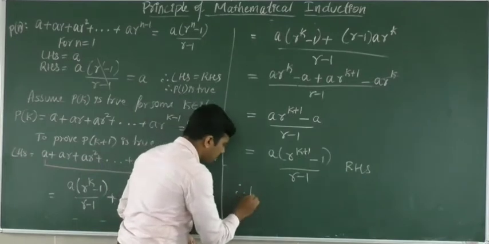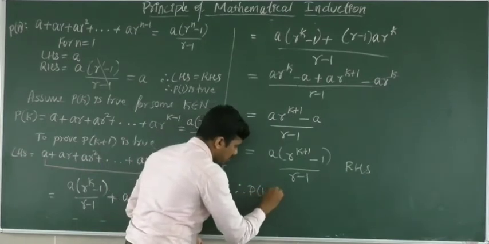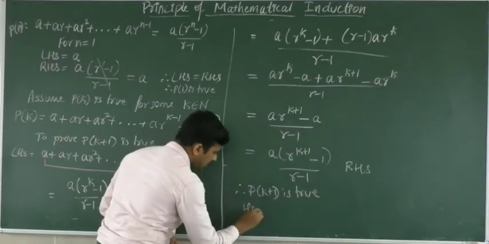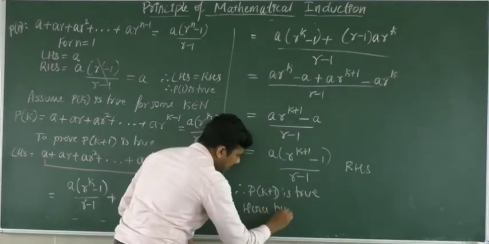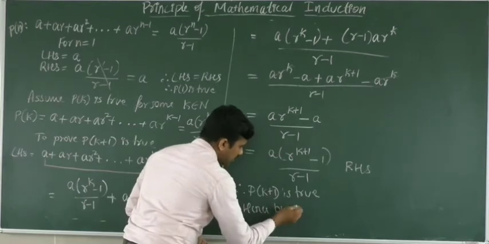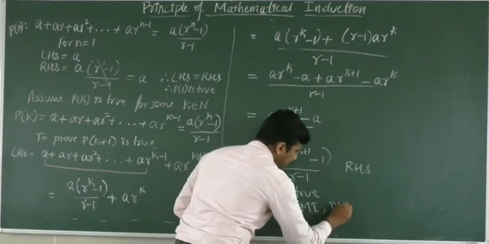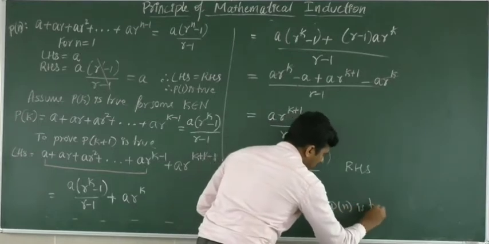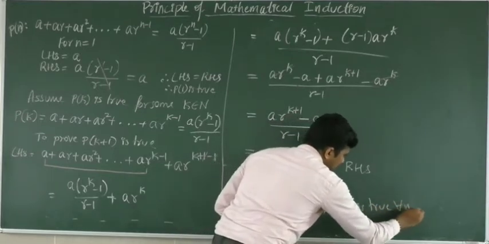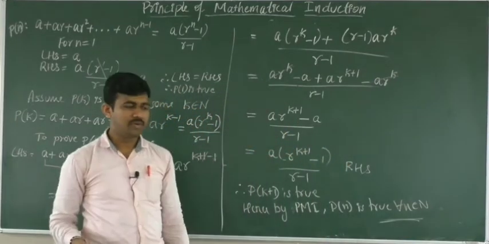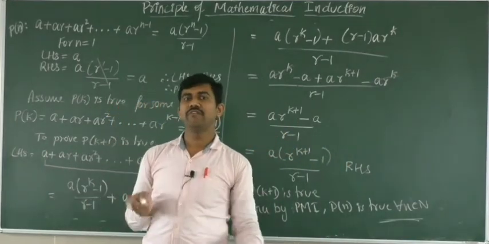Therefore, P of k plus 1 is true, and hence by the principle of mathematical induction, we can say P of n is true for all natural numbers n. Okay, so hence it is verified.